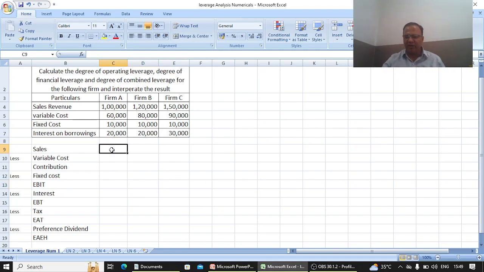First of all, sales revenue. For firm A, sales revenue is rupees 1 lakh 20 thousand, and for the other firm, this is 150.